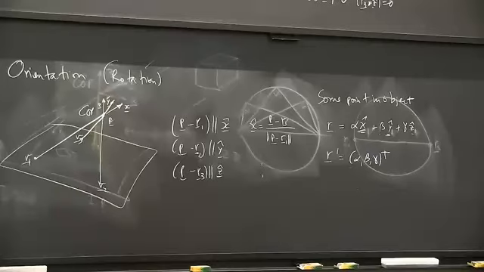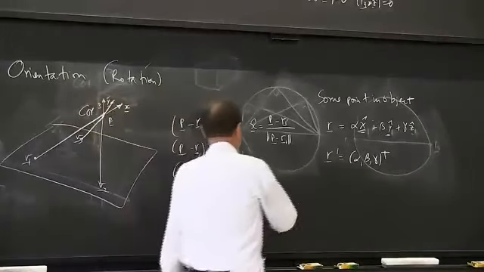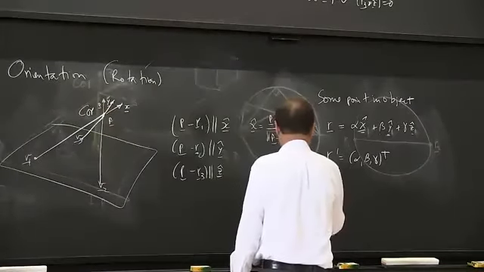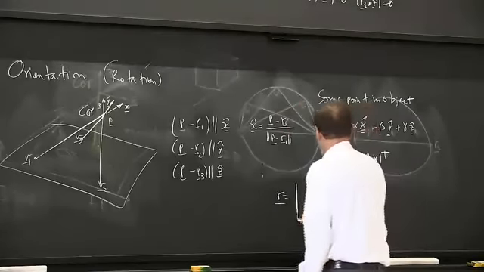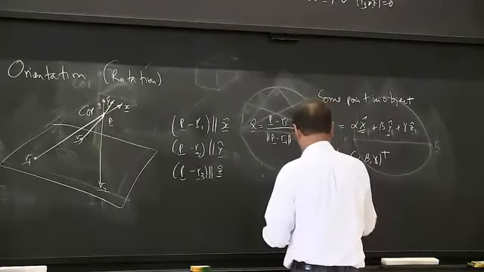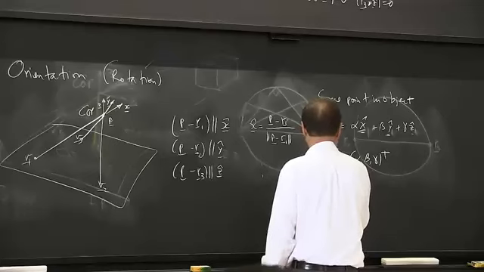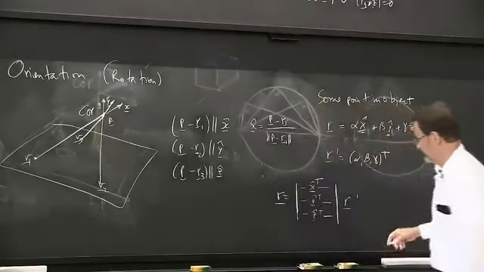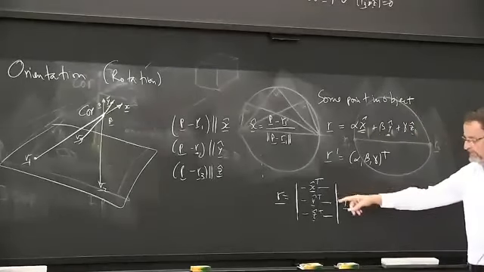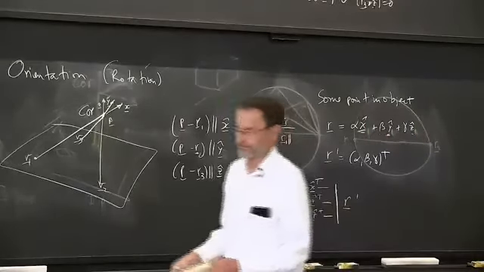So what's the transformation? R is, let's see. The T again means I'm transposing a column vector into a row vector.